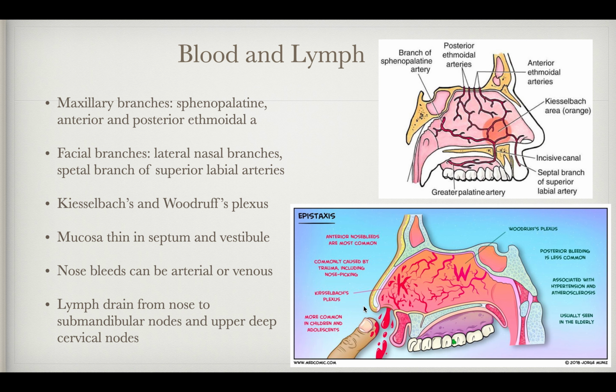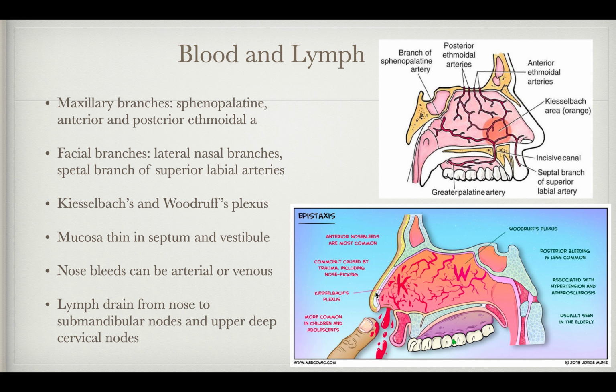And nosebleeds are pretty common because of the thin mucosa, and they can be arterial or venous. Usually it's venous because the veins are not as robust as the arteries, and they can be caused by just dried out mucosa, which is fragile, or trauma.